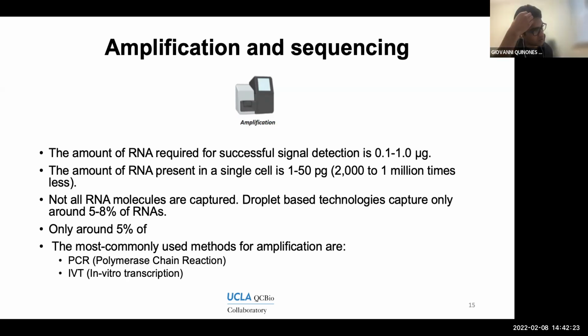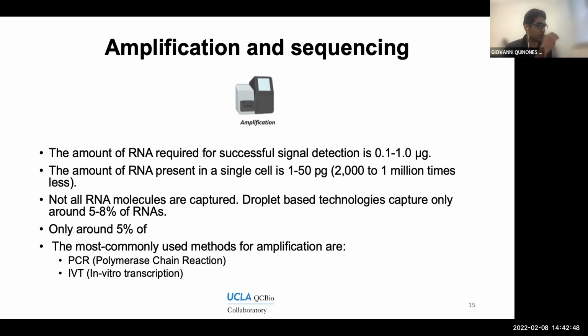So in order to deal with this problem, of course, we want to amplify the signal that we're working with. And in order to amplify the signal, there are two main approaches, which are PCR and IVT. PCR, which is the polymerase chain reaction.